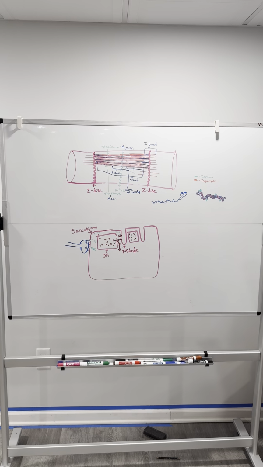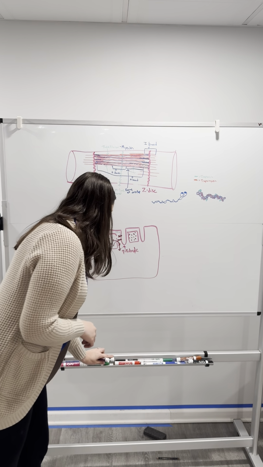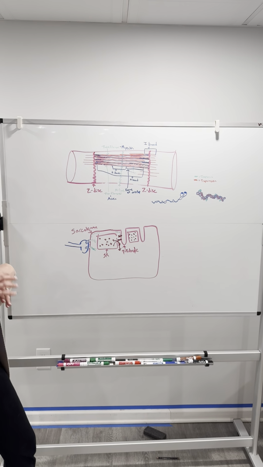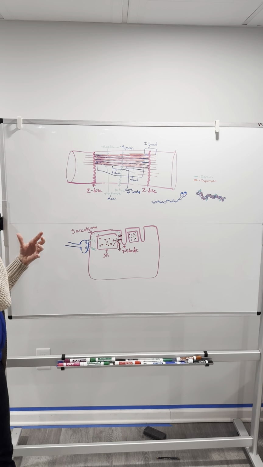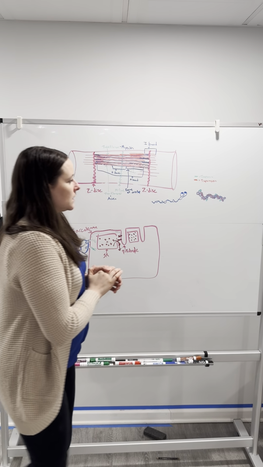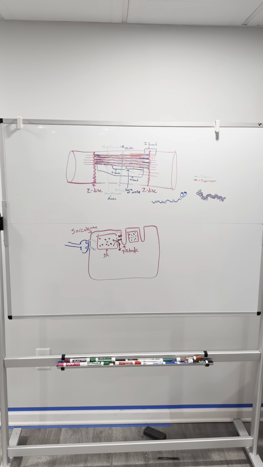There are different ways that the muscle gets the energy it needs. What happens when the myosin binds onto the thin filament, onto the actin, is through ATP.